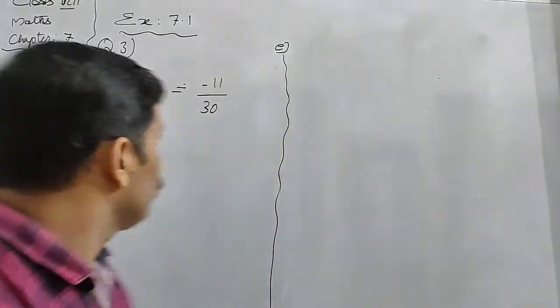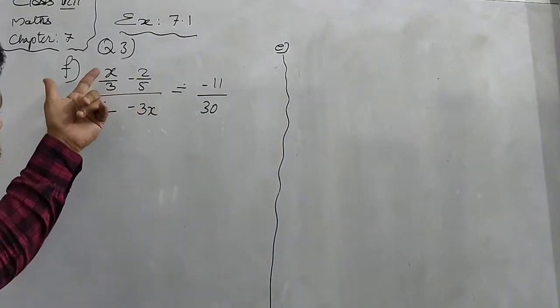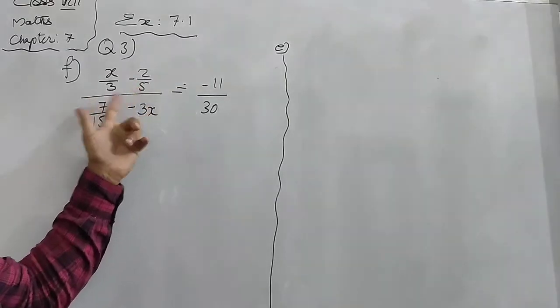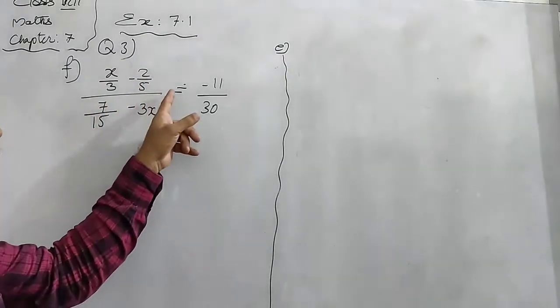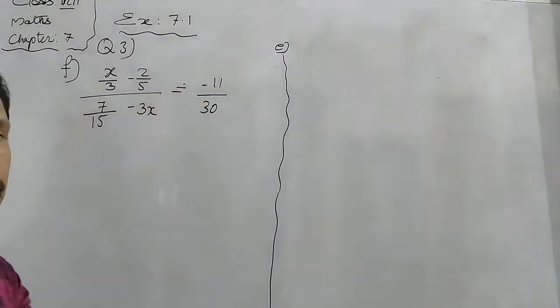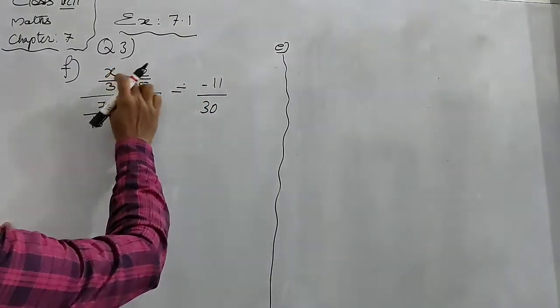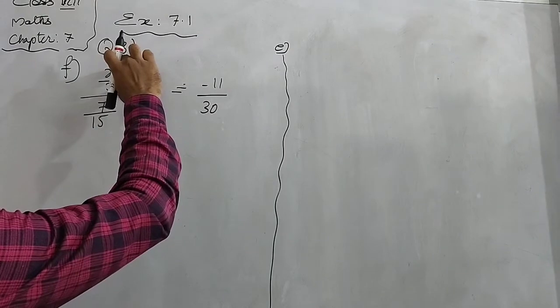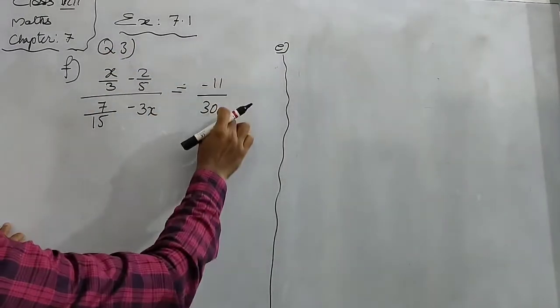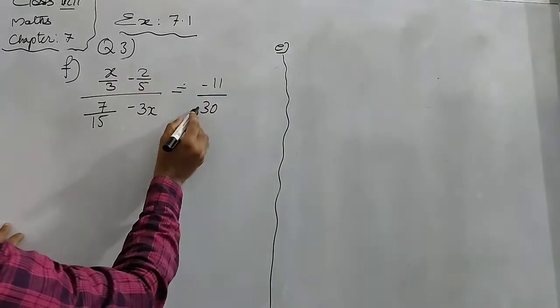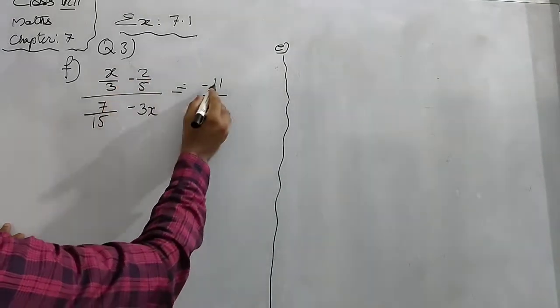So for f, you look here on the board, x upon 3 minus 2 upon 5 upon 7 upon 15 minus 3x is equal to negative 11 upon 30. Here students, it is actually two fractions. Here one numerator and upon, then denominator here, and this is also a fraction. So here we can cross multiply 30 with this fraction and 11 with this fraction.